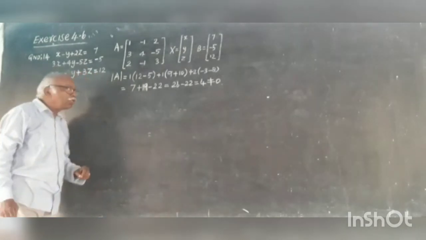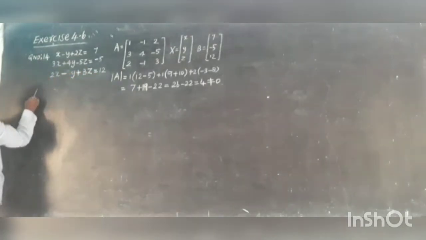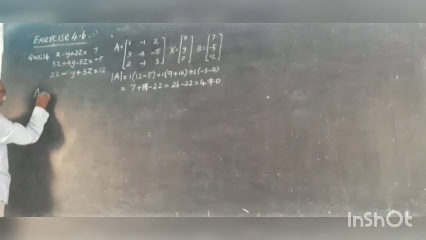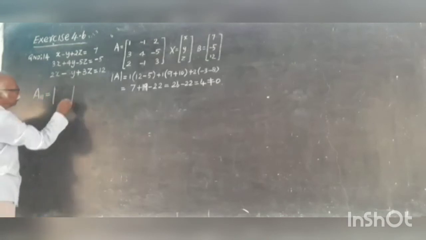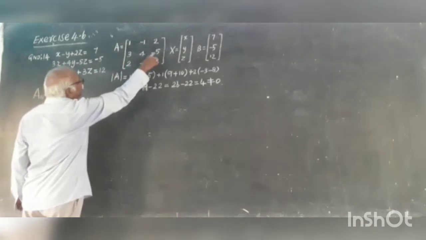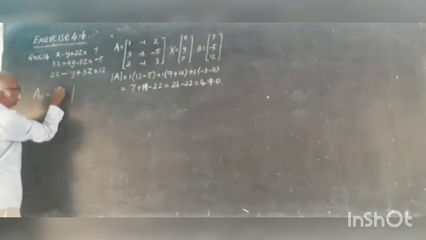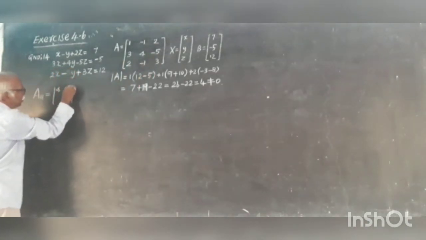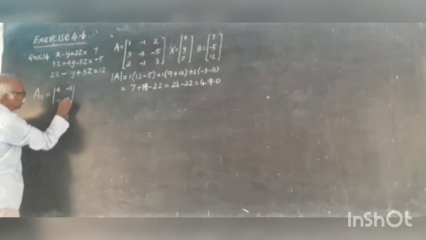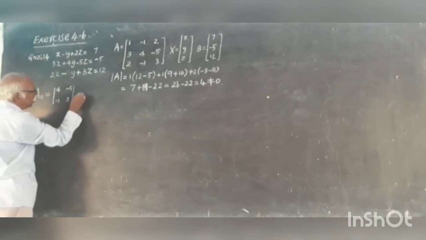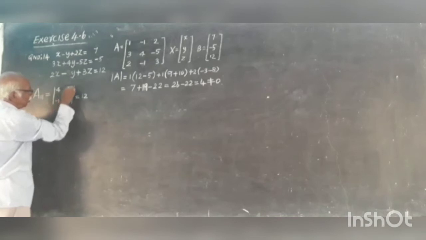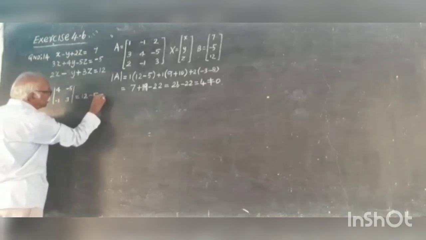Now we have to find all the cofactors. A11: first row, first column. 4 minus 5 minus 1, 3. Expand. 4 into 3, 12. 12 minus 5, 7.